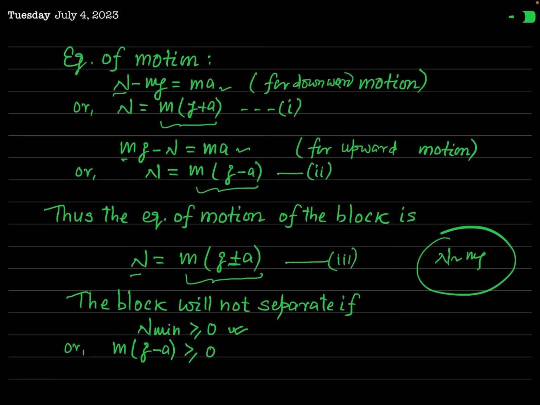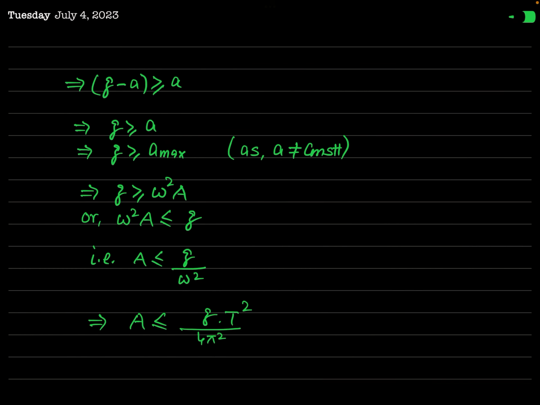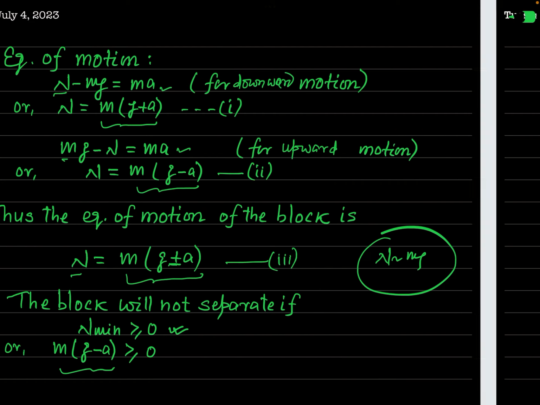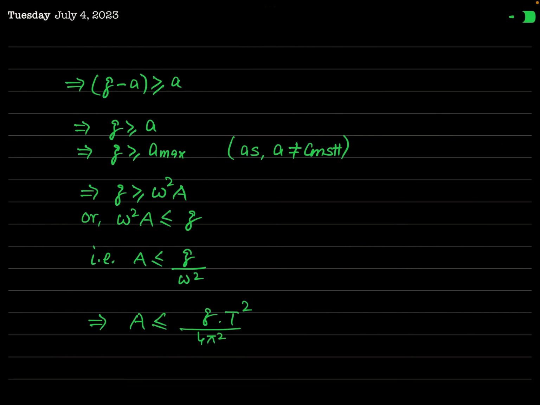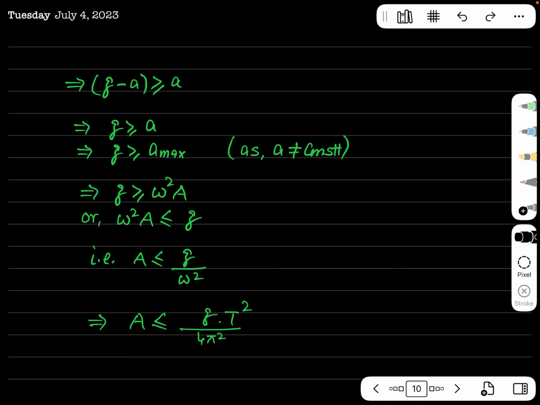In limiting condition, we must use the sign of inequality. Okay. But you can see the minimum value of N is m times g minus a. So m times g minus a should be greater or equal to 0 for no separation of the block from the piston. And you can say that g minus a should be greater or equal to 0.